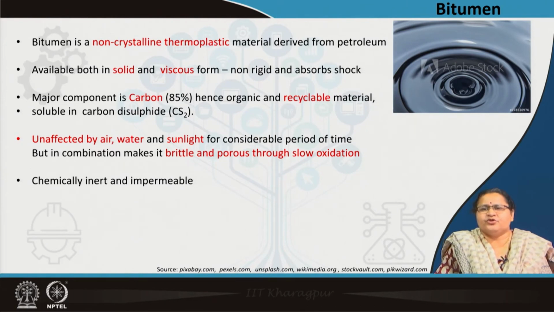What is this bituminous material? There are two types, one is bitumen and the other is tar. Tar is obtained from coal or wood. So, you can have coal tar or you can have wood tar. And bitumen may be naturally occurring or may be obtained from the petroleum industry. So, it is a kind of very thick crude oil.